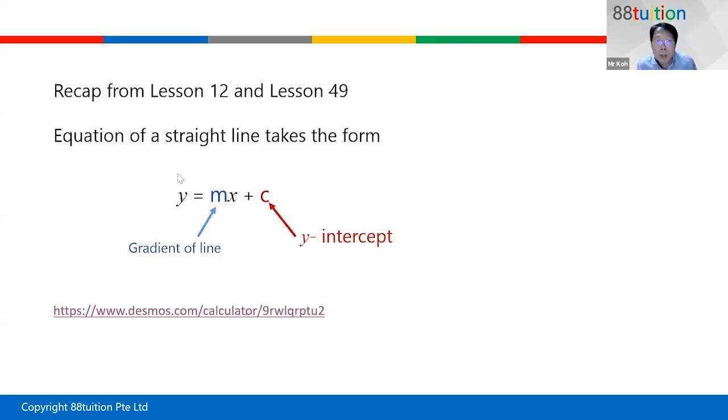Just now I mentioned, when you talk about the equation of a line, we always have to remember this formula, y equal to mx plus c. So c is the y-intercept and m is the gradient of the line.